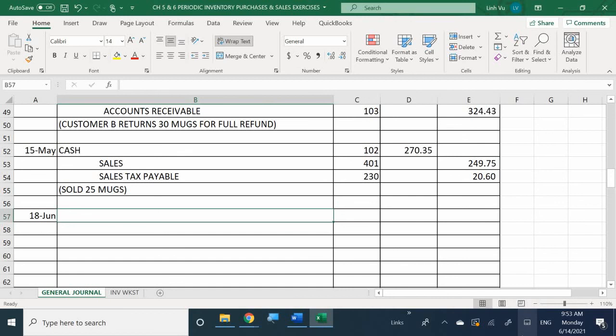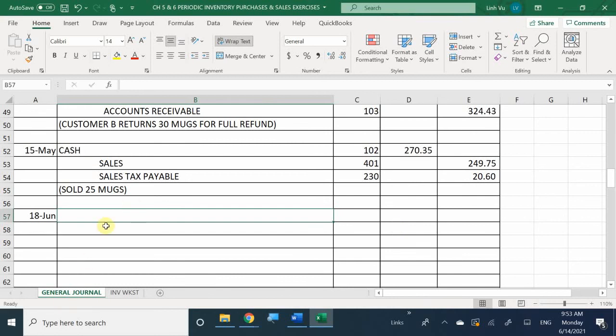So is it going to be the same cash, sales, and sales tax? Okay, so in this case, we're not selling a product to anybody, right? So it would be accounts receivable? Yes, because customer A is paying off what they owe me, and we received cash.